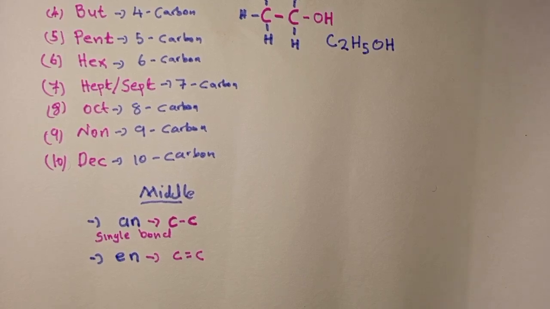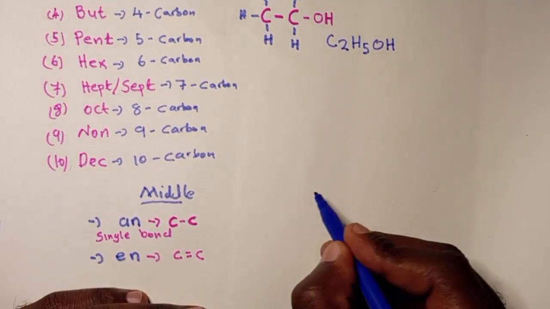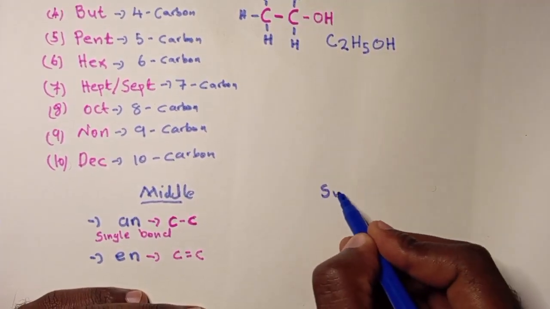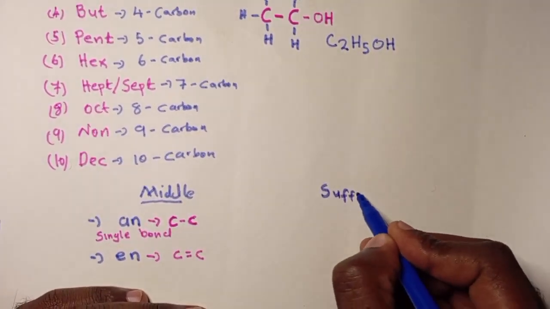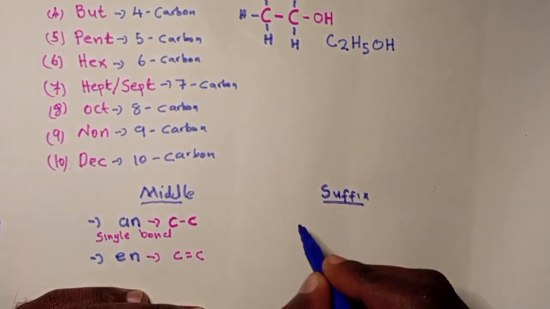Then, when you go now, what we call, I'm just going to make my own here, not following what is written in the books, but I want you guys to understand what we call the suffix now, which is at the end.